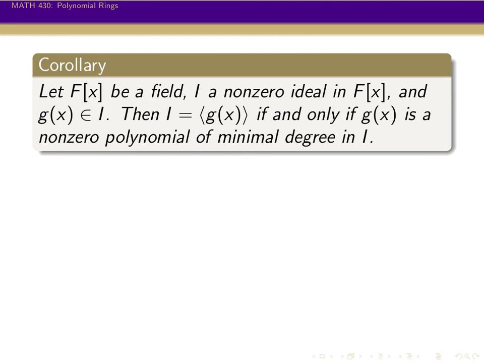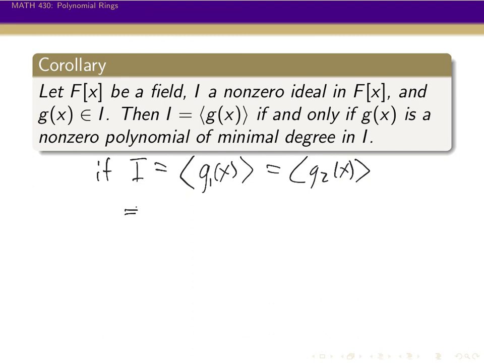So if g1(x) and g2(x) are two polynomials of the same minimal degree in I, well, this means that g2(x) is equal to g1(x) times something.